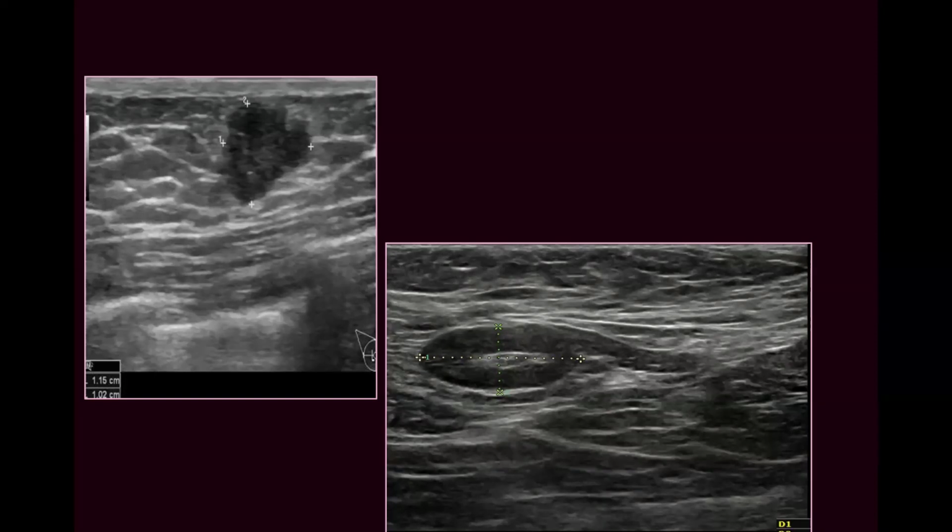Excellent, well done. It is a superficial lesion. It is invading the superficial fascia and abutting the skin. So this is a predictive location of metastasis. Even if it is smaller than this, it is almost a 1 centimeter lesion. This is a magnified view.